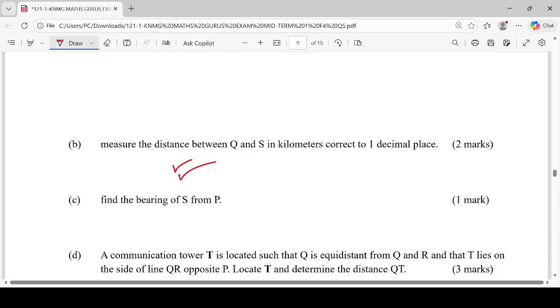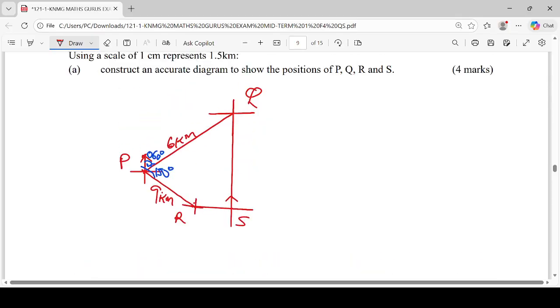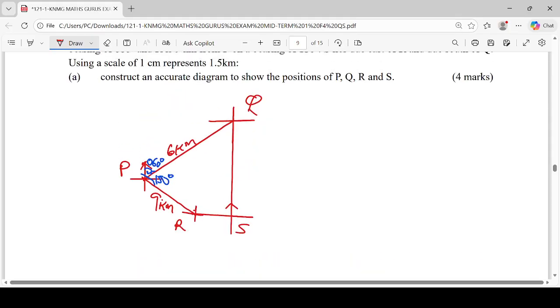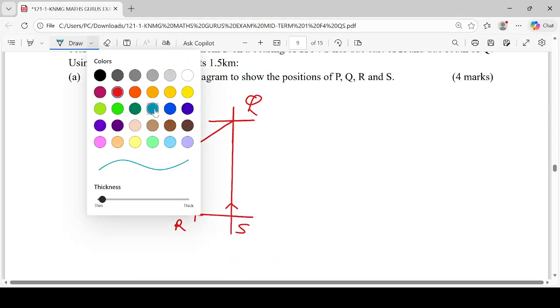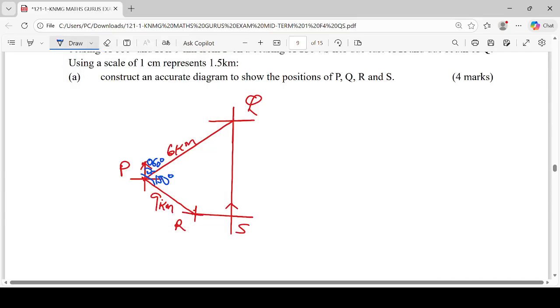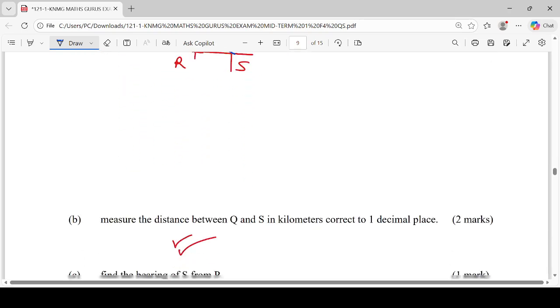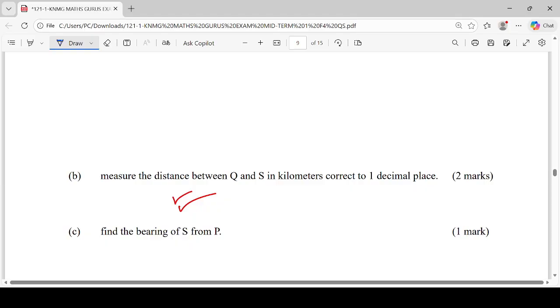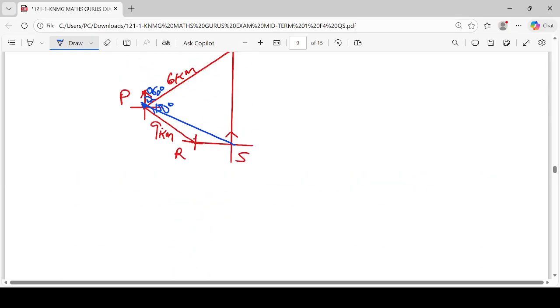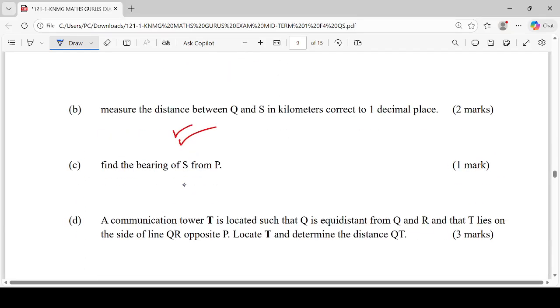Find the bearing of S from P. First what you do, you join S to P. Let's join S to P this way. After that joining, because they want the bearing of S from P, meaning from P here, this angle here is the angle you are going to get, then you can fill that.